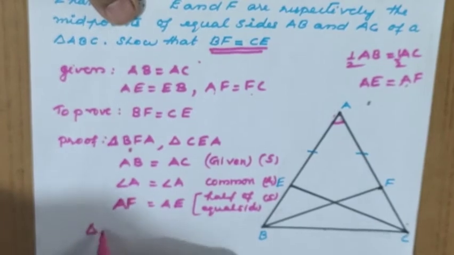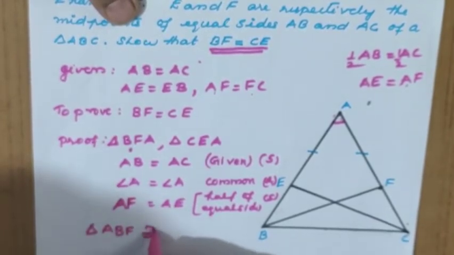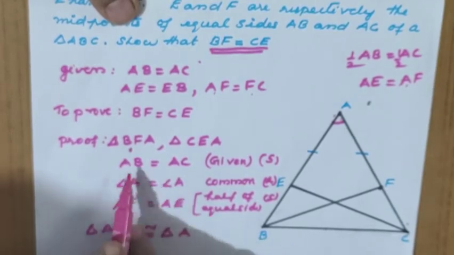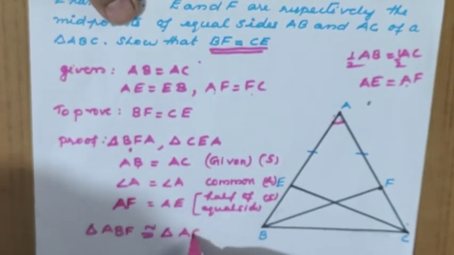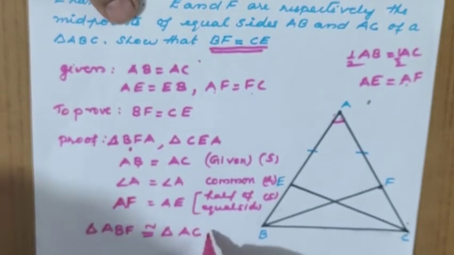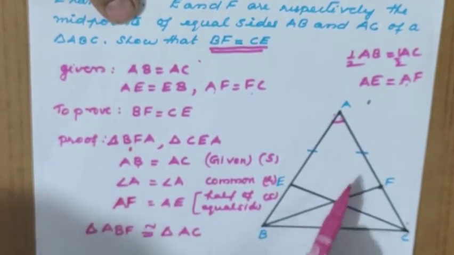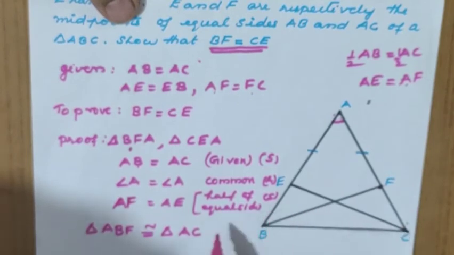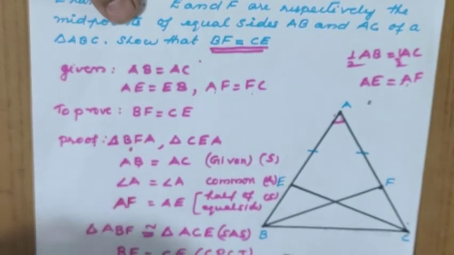So triangle ABF is congruent to triangle ACE. Criteria is SAS. Now from this what can we write? BF equal to CE by CPCT. Hence proved.